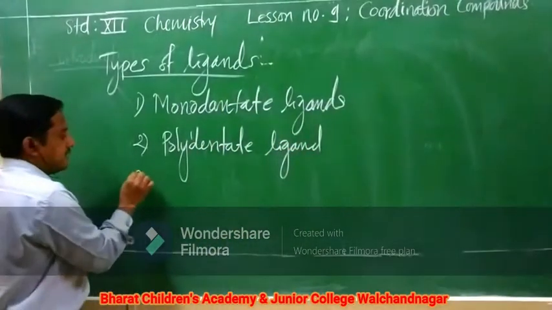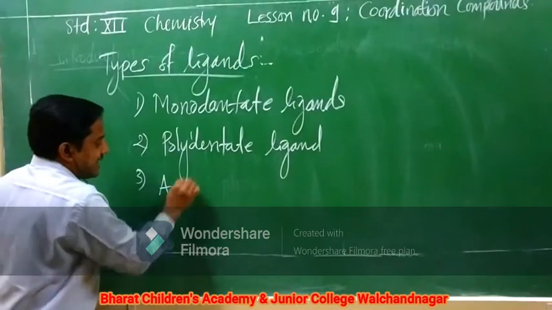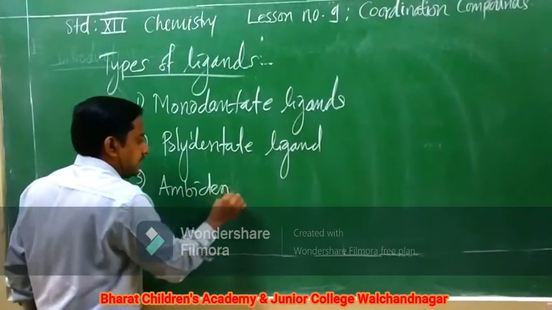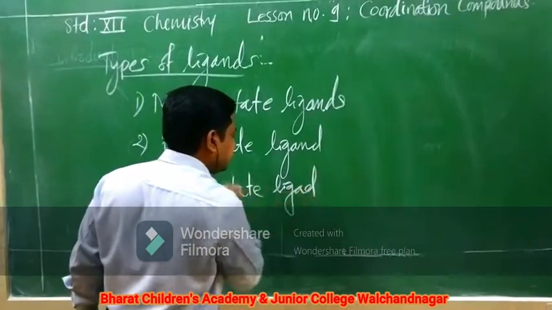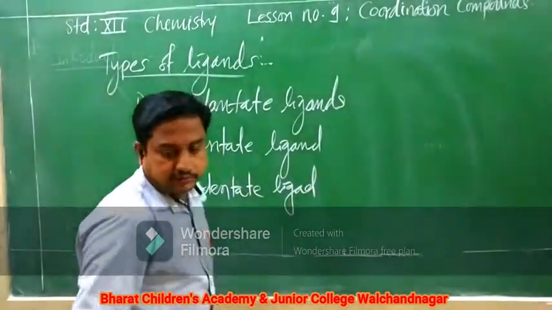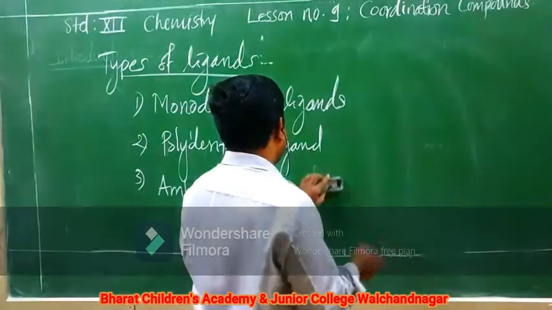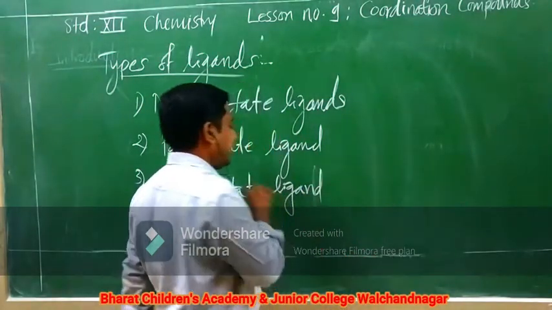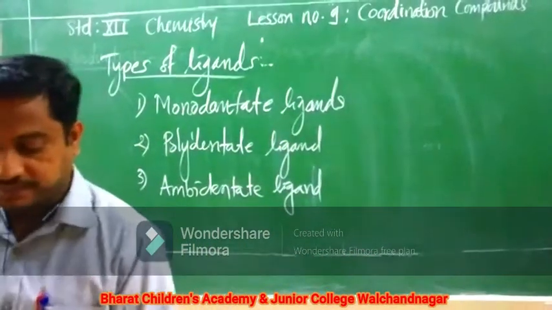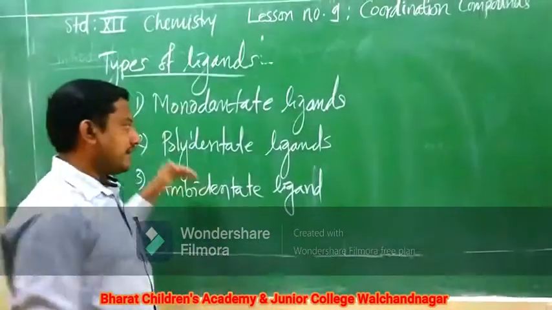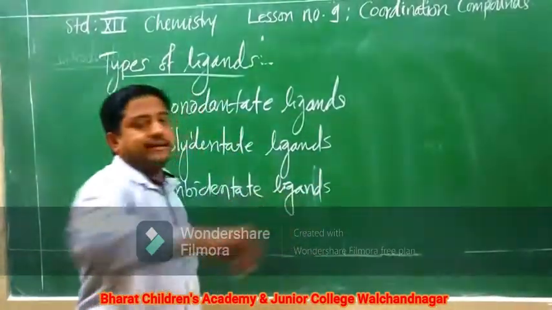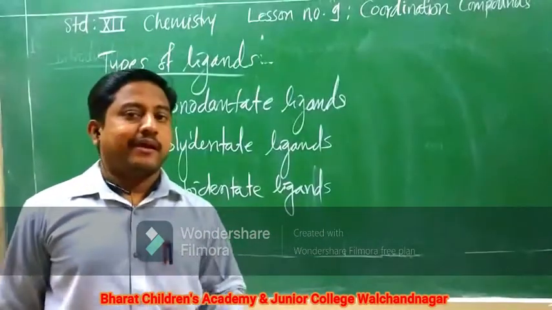And the third one is called as ambidentate ligand. So these are the three types of ligands. First one, monodentate ligand. Second is the polydentate ligand, and the third one is ambidentate ligand.